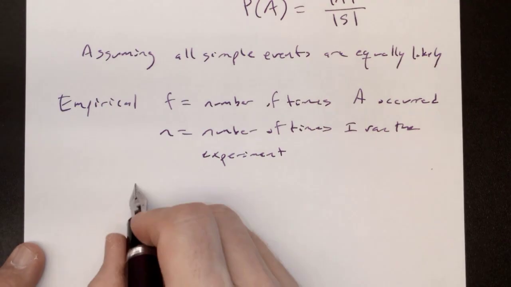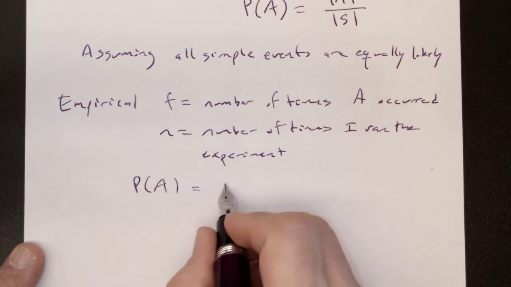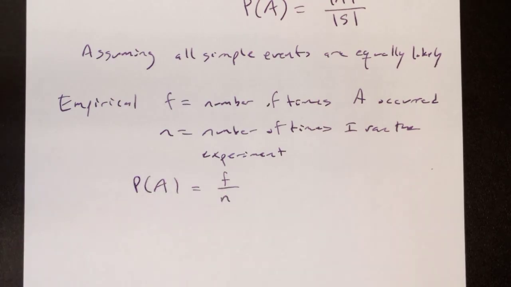This then would tell me that the probability of A is F over N. Again, here's a coin. You said the chance it came up heads was 50%. Go flip the coin 1,000 times.